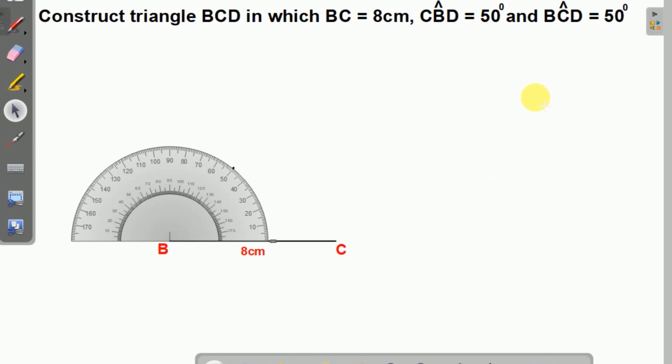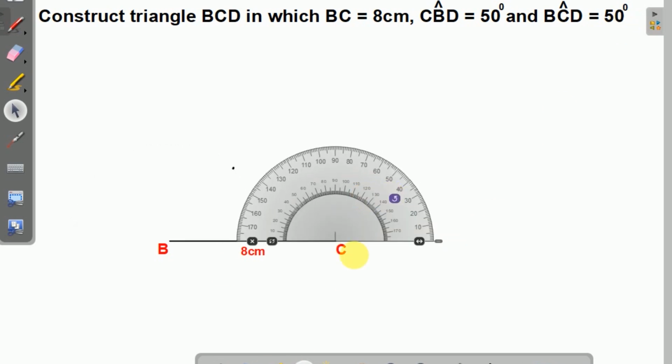Then the next thing we have been told, angle BCD is equal to 50 degrees. So we know that our angle is at C. So we're going to measure angle BCD as 50 degrees. So for us to measure the angle at C, we're going to say 10, 20, 30, 40, 50. We know we have our 50 here.